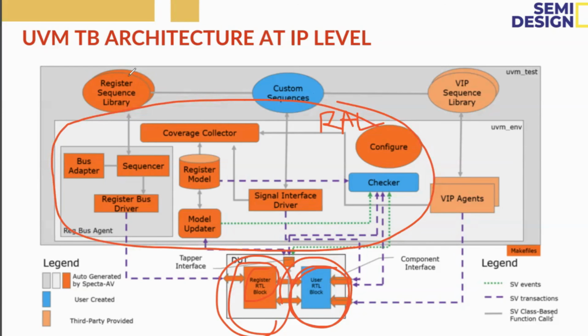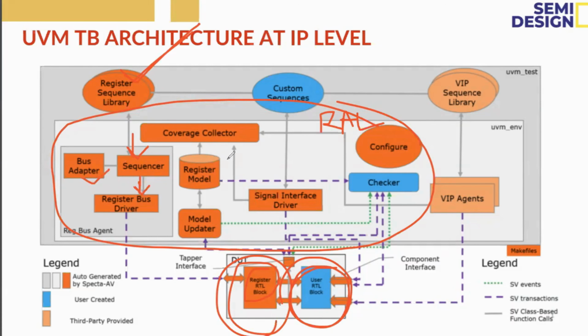First, there will be a register sequence library here. From the register sequence library, we are sending to the sequencer, and here there is an agent, sequencer, driver, and the bus adapter.